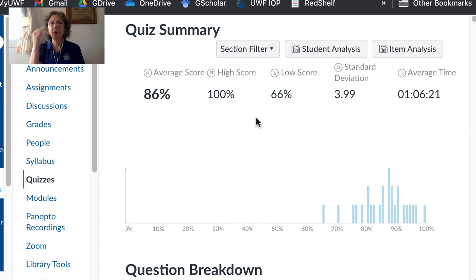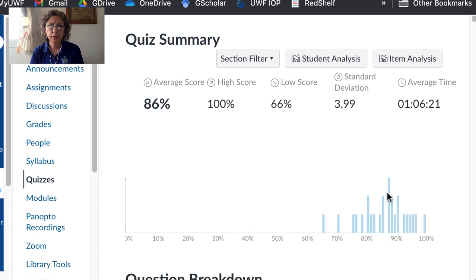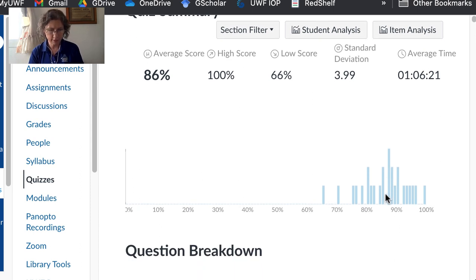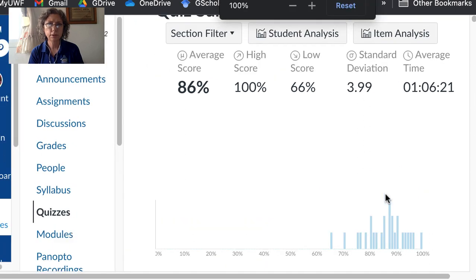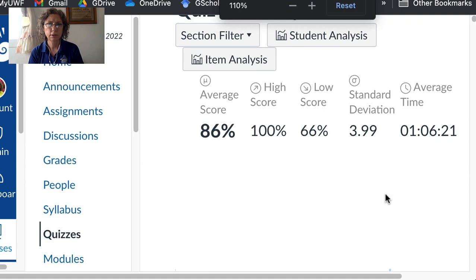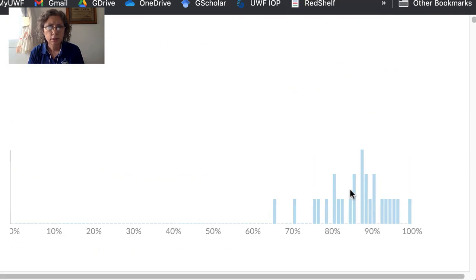So what would be the mode here? That's tricky. The most often occurring score is going to be that score right there. Let me see if I can get that bigger to see if we can see what it is. We have 80% and 90%. It looks around like an 87.